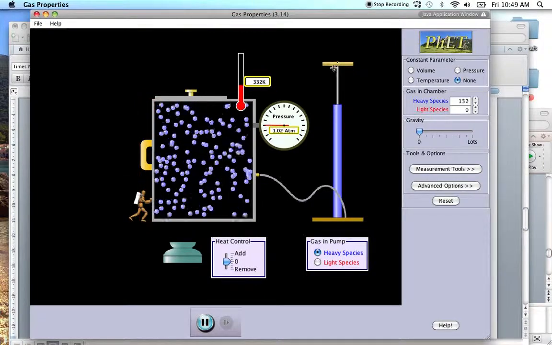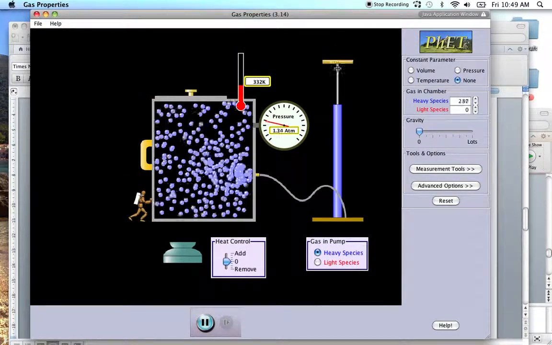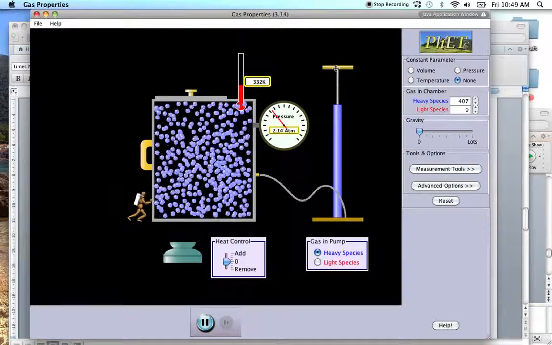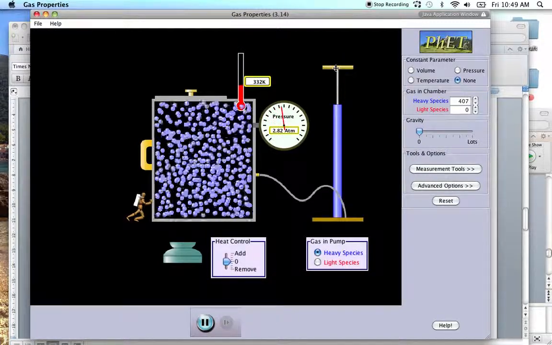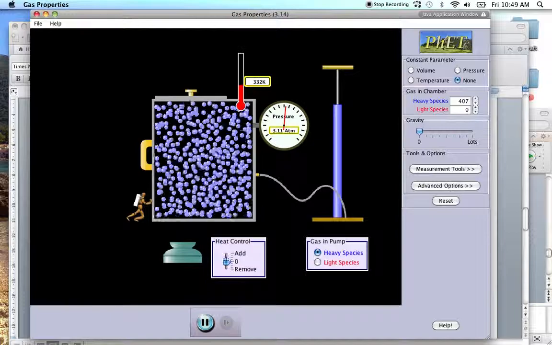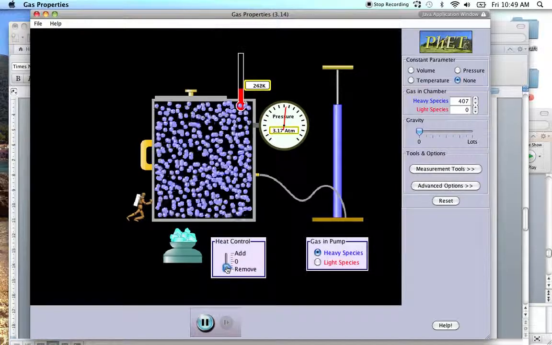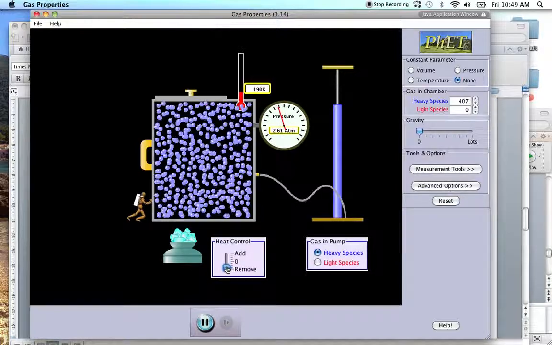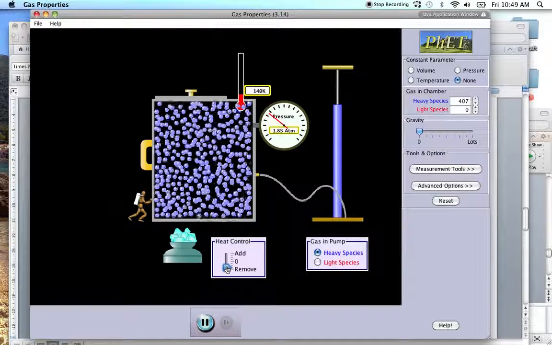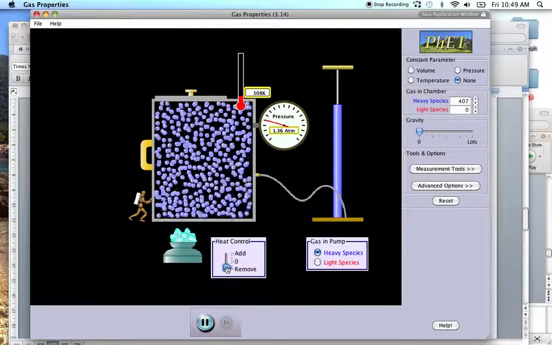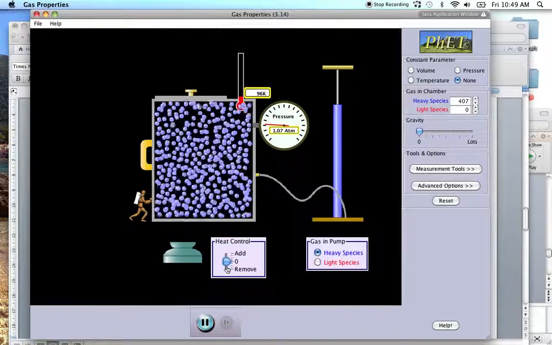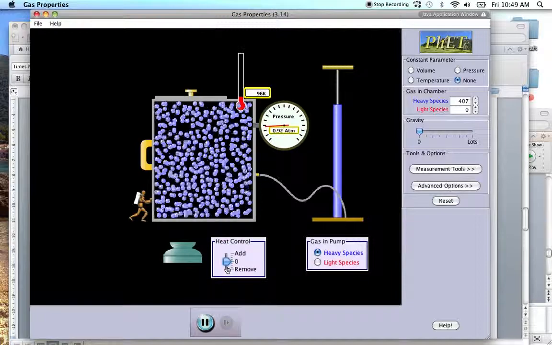Let me put some more gas in here. Now, a gas behaves like an ideal gas when there are low pressures and high temperatures. Low pressures, high temperatures, that's the sort of conditions that you're going to get behaving like an ideal gas.